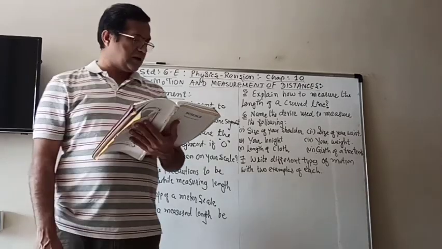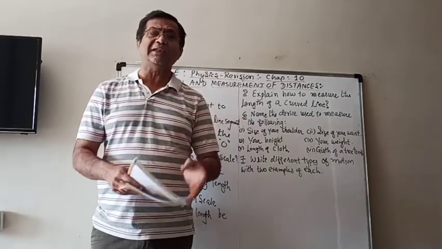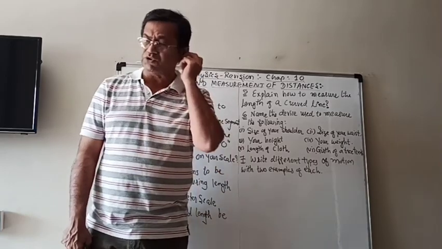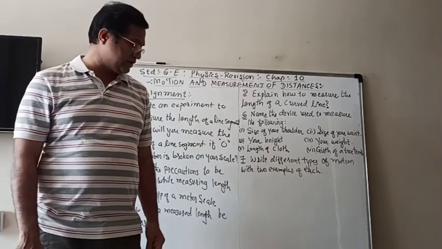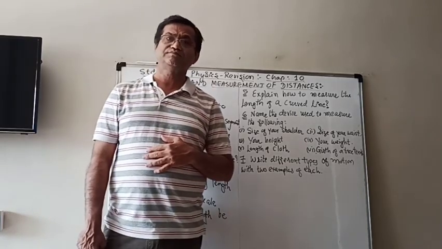Now, if you want to find the length of a line segment, how will you do it? To find the length of a line segment, you need a meter scale.